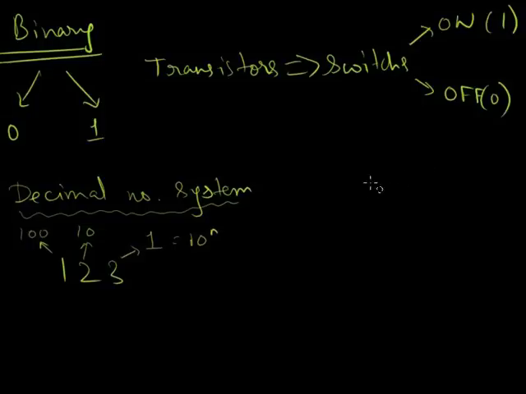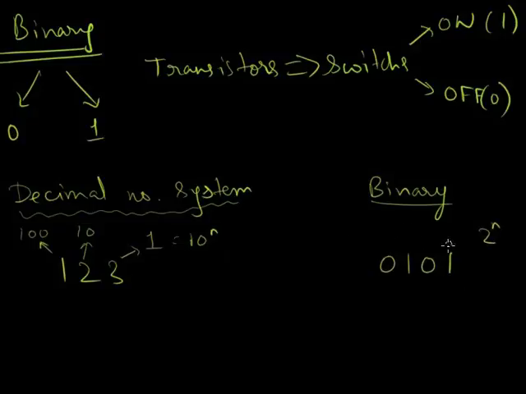On the other hand, we have the binary system for the computer. It is nothing but 2 digits. Why decimal? Because we have 10 digits, 0 to 9. That is why we have powers of 10. Here it's different. We have powers of 2 raised to n. Let's say we have a number 0101.